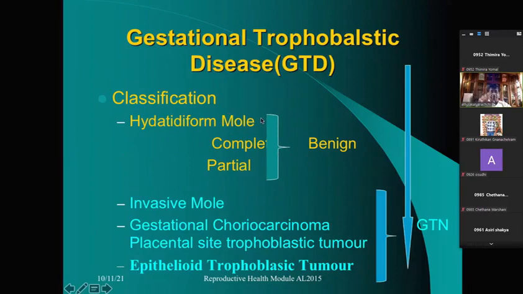But if the disease process continues, even if you treat a complete hydatidiform mole, the remaining tissue can become invasive, it can get malignant, and it can be locally malignant or disseminated malignancy both.